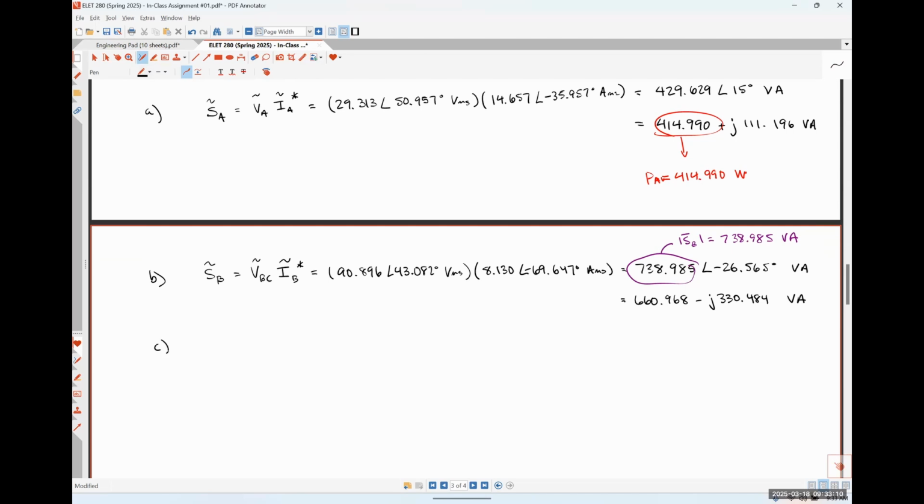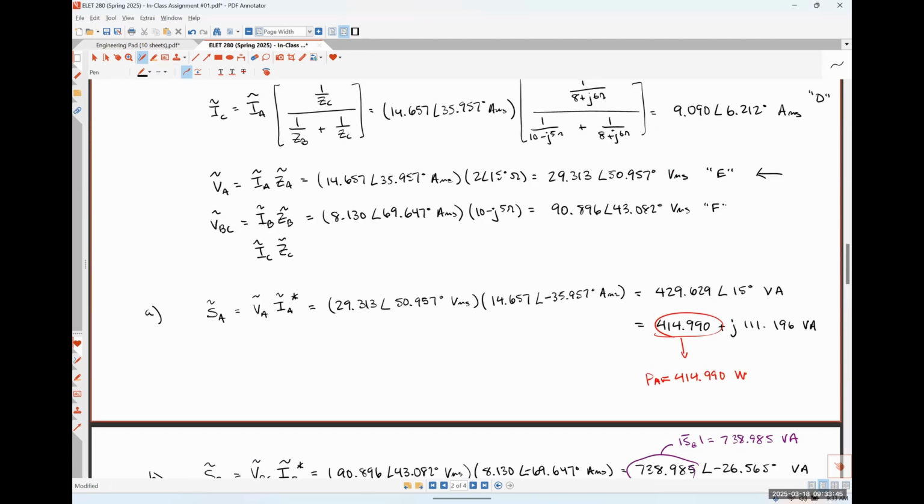So for part C, we're going to find the complex power absorbed by impedance ZC. We're going to do it the exact same way that we've been doing. So VBC times IC conjugate. So that'll be 90.896 with an angle of 43.082 degrees, volts RMS.